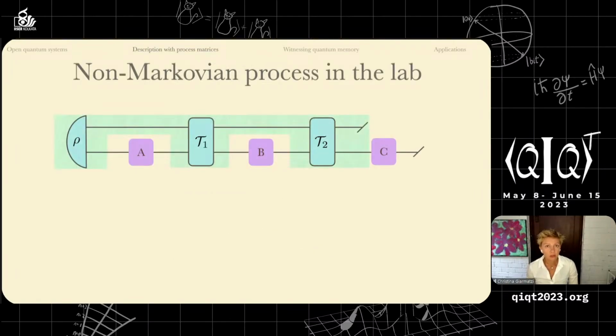Okay, so what do you do when you have non-Markovian noise in the lab? You suspect it has non-Markovian noise. This non-Markovian noise could be classical. The correlations between the different time steps could be classical correlations, or it could be quantum.